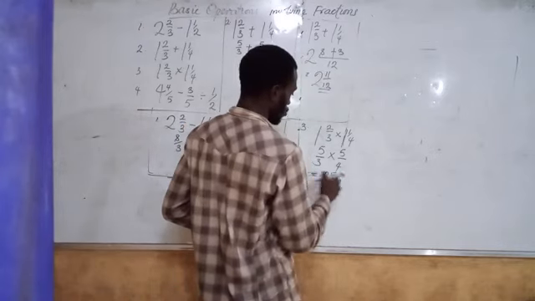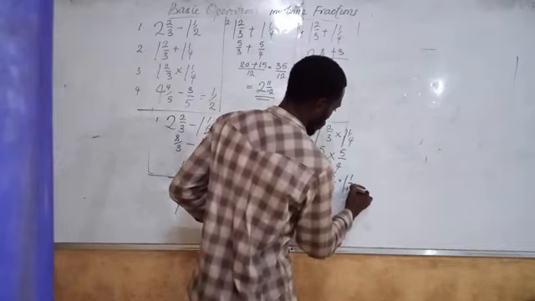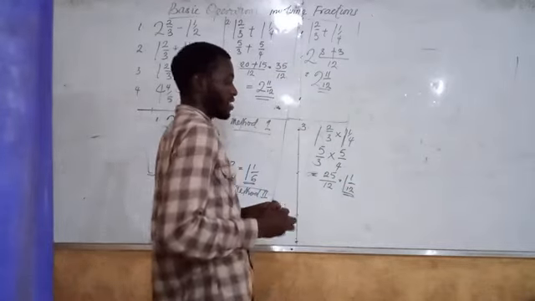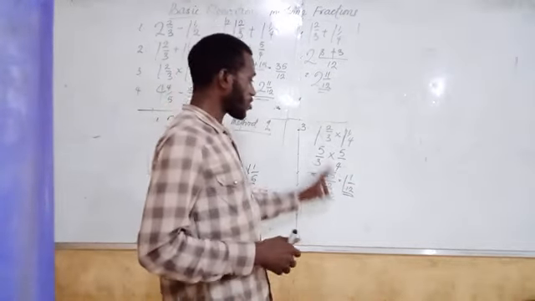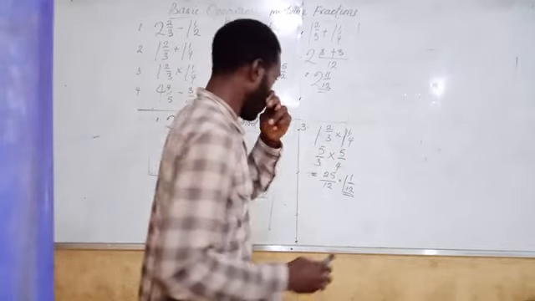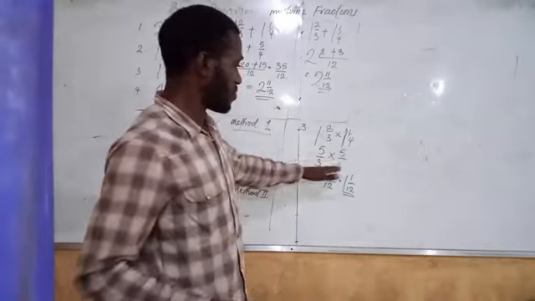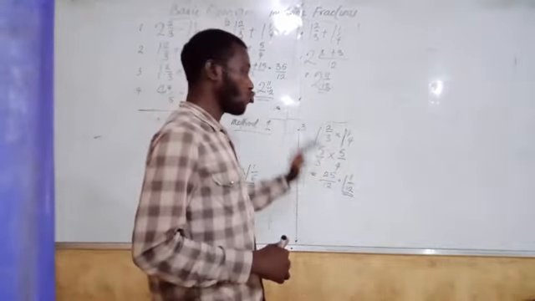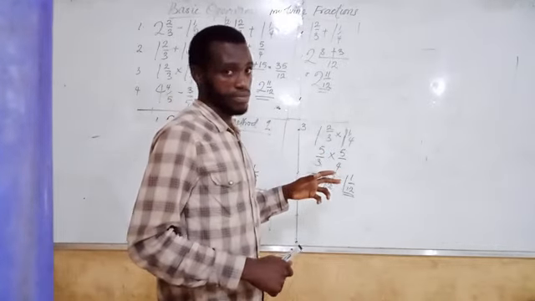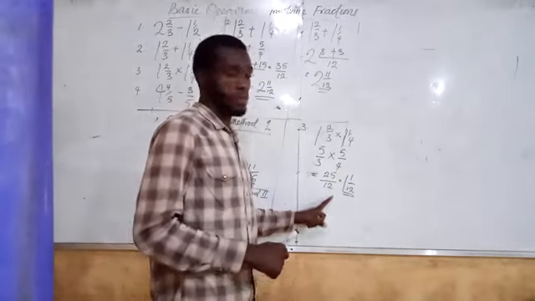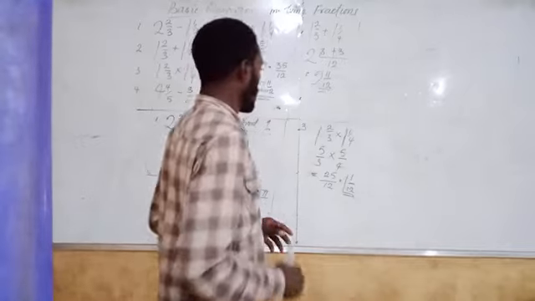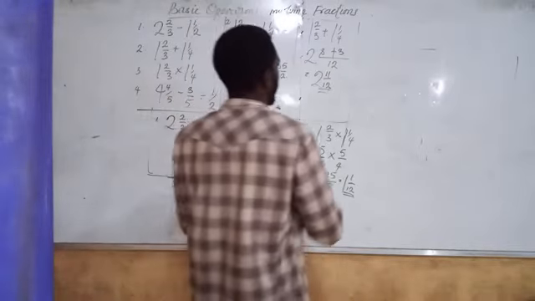And our answer is going to be 2 1/12. Now, listen. If something can cut, like one of these can divide the other, you need to cut. You must cut before multiplying. All right. Now I'm going to go to the next question.